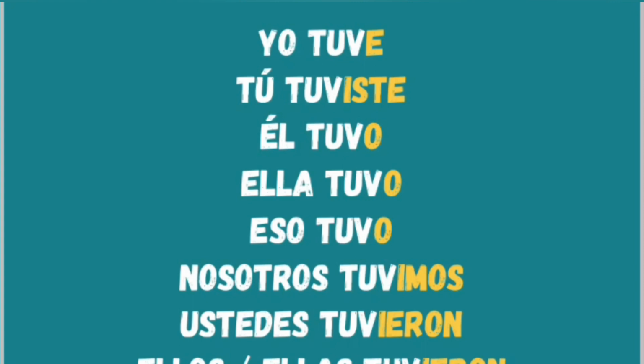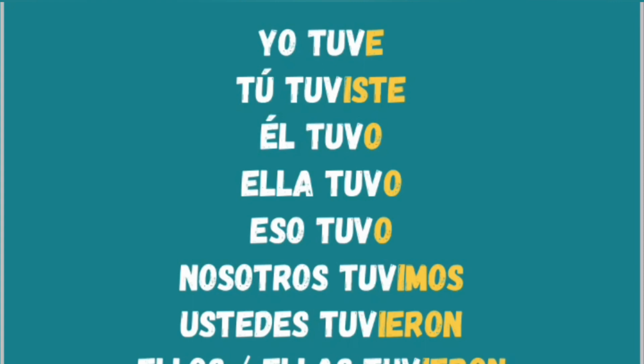Eso tuvo. If you want to say we had, okay? In Spanish, you have to say nosotros tuvimos. Nosotros tuvimos, okay? We had. Now, if you want to say you had in the plural form, in Spanish, you have to say ustedes tuvieron. Ustedes tuvieron, okay?